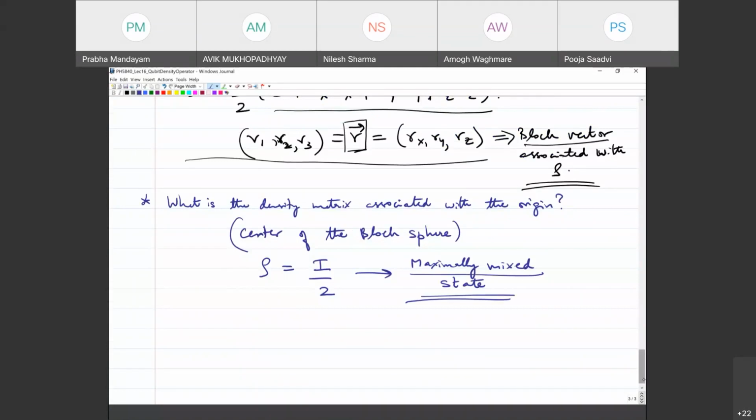One way to see this is to ask what are the pure state descriptions you can write, what are the ensembles you can associate with this density matrix. Can you decompose this in terms of pure states? So what would be an ensemble description of this? Think about it geometrically.